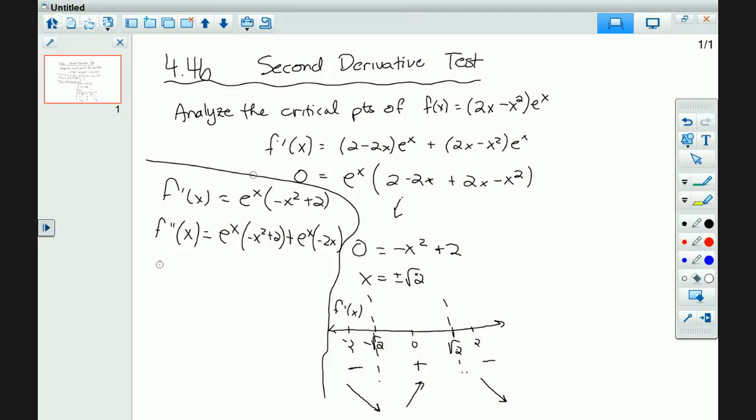I'm going to make it prettier. It's e to the x times negative x squared minus 2x plus 2. The second derivative test: you evaluate your critical points in the second derivative.